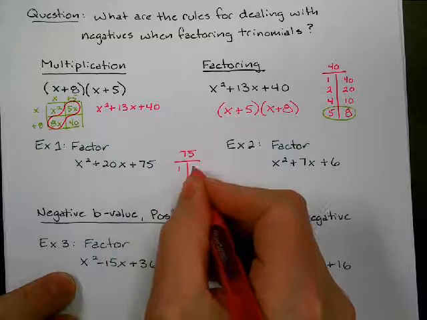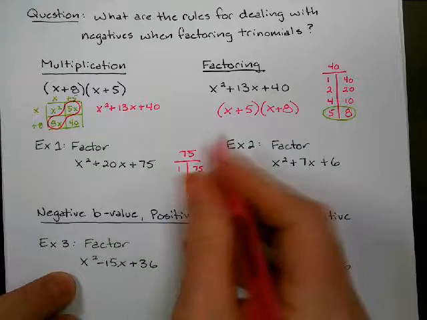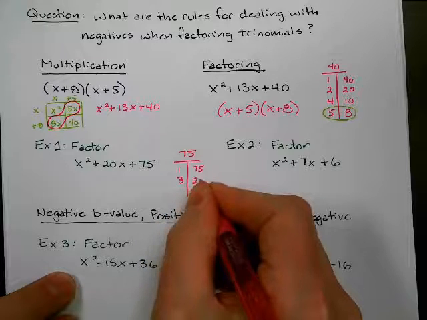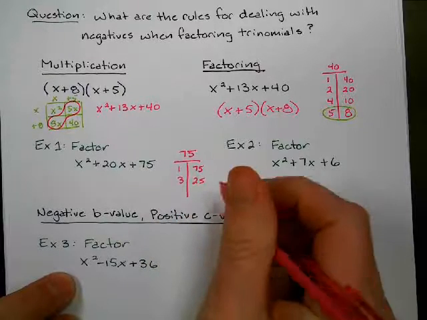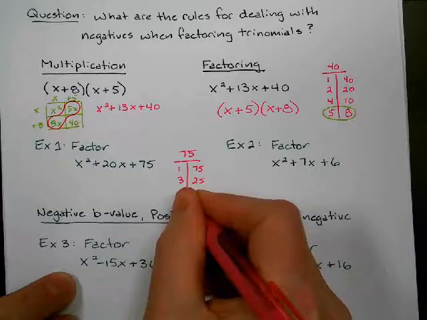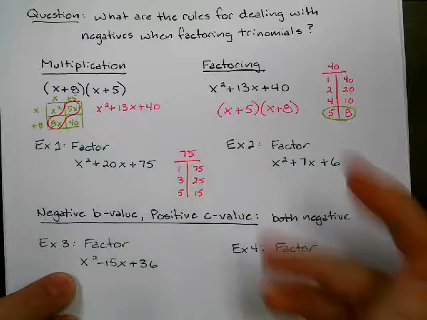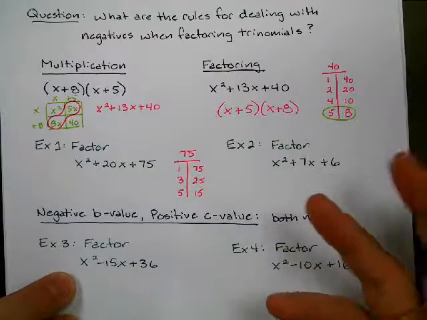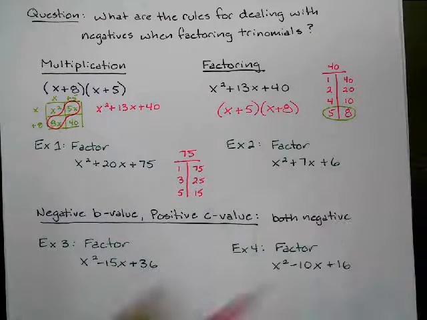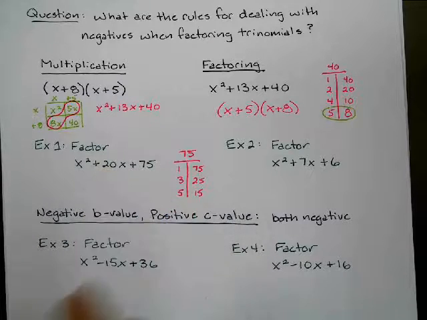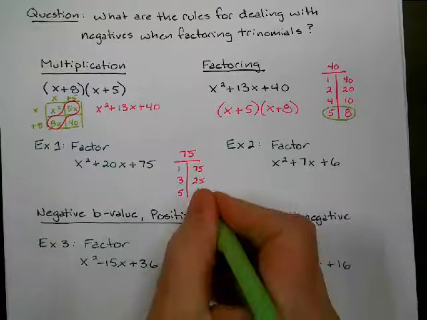So 1 and 75. 2, no. 3, yeah, 3 times 25. 4, no. 5, yeah, 5 goes in there 15 times. 6, no. 7, no. 8, no. 9, no. Okay, that looks like all of them. So we ask ourselves, do any of these add up to 20? And yes, 5 and 15 add up to 20.